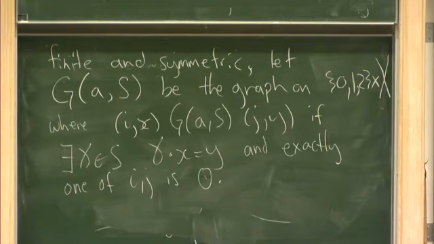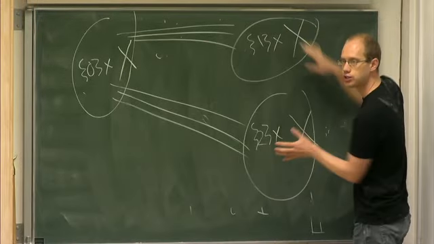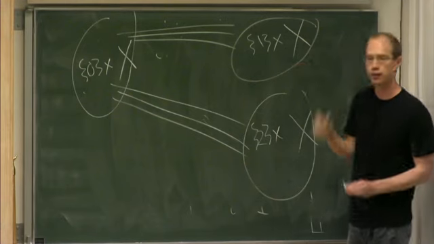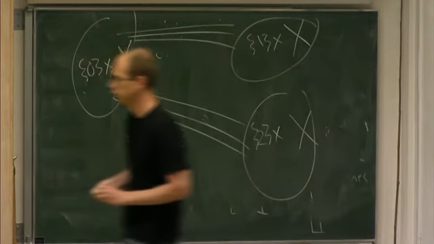And then I make edges between the 0th copy of x and the other 2 copies of x, precisely when some group element from my finite set takes me from a point here to a point here, or a point here to a point here. And it shouldn't be surprising that a perfect matching here corresponds to decomposing x into 2 copies of itself using these finitely many group elements, and hence corresponds exactly to a paradoxical decomposition.